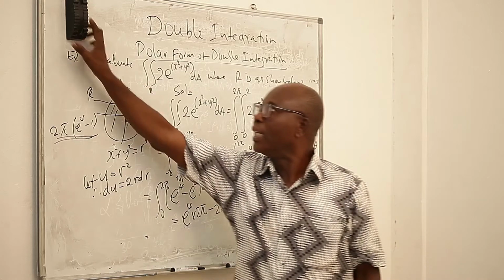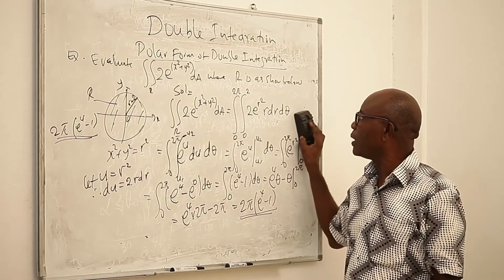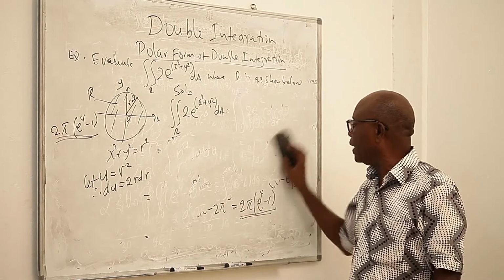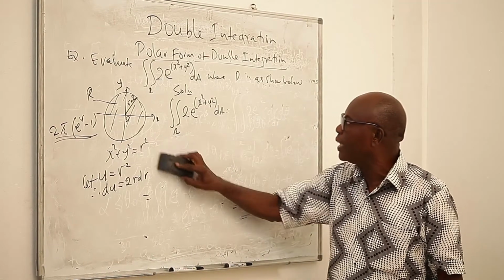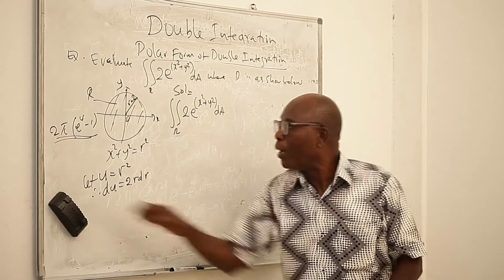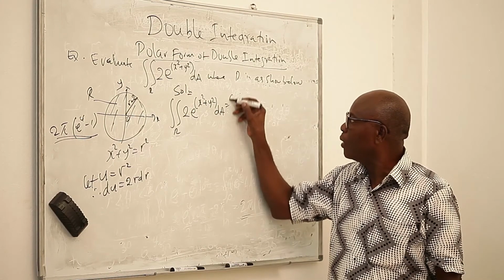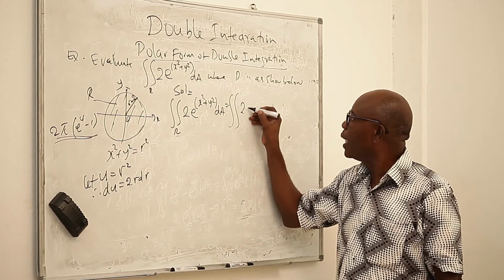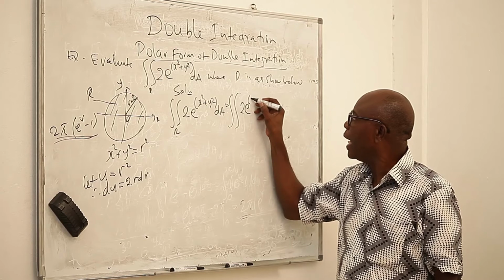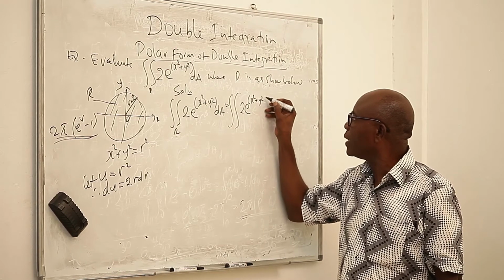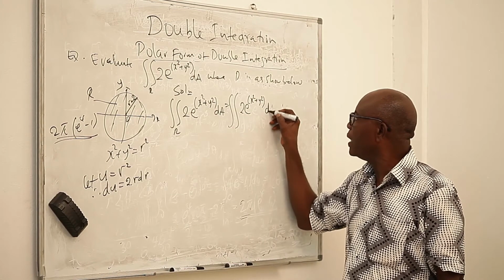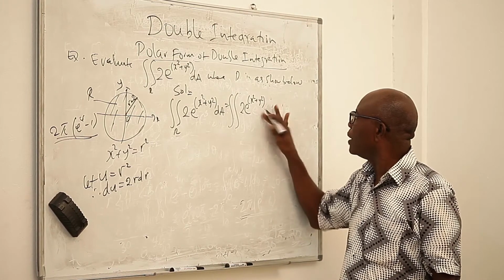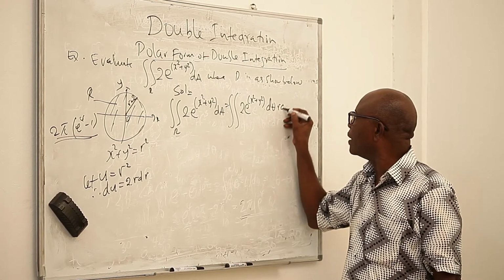So quickly, let's take this one out and see how that one can work out when you find the integration along the angle theta. And so our iterated integral will be the double integral of 2e^(x² plus y²), which becomes r dθ dr.